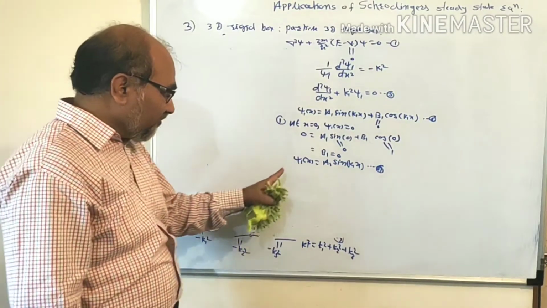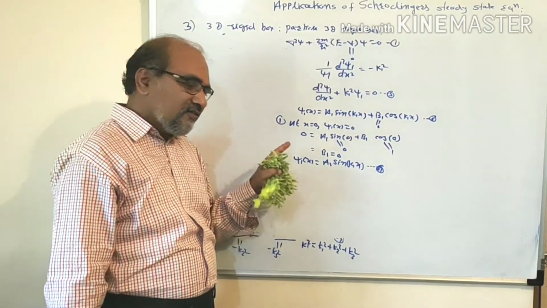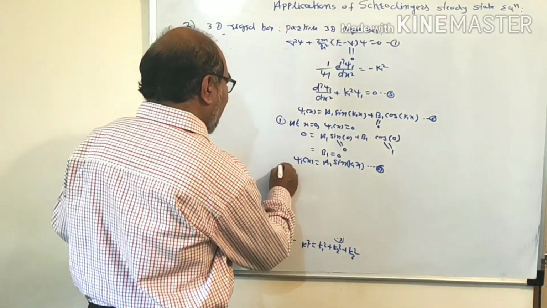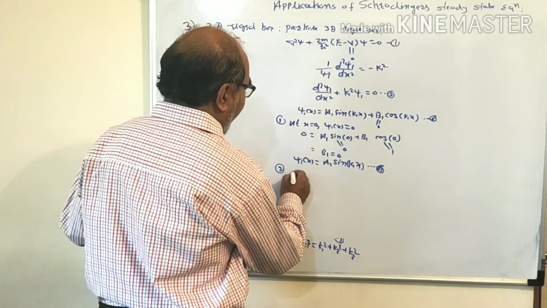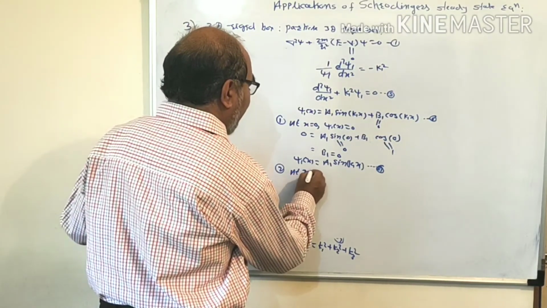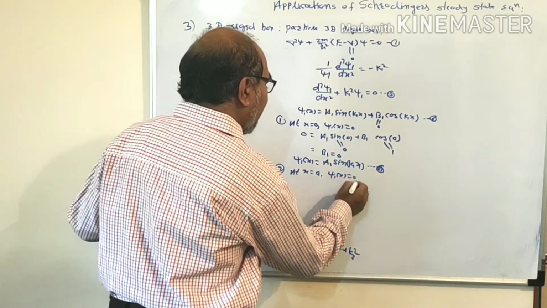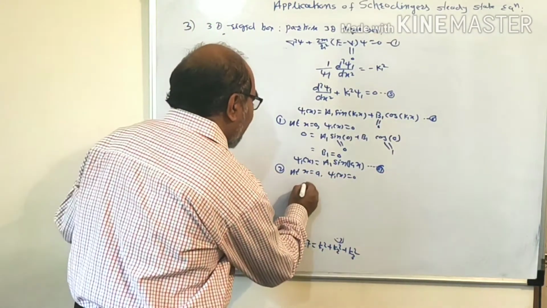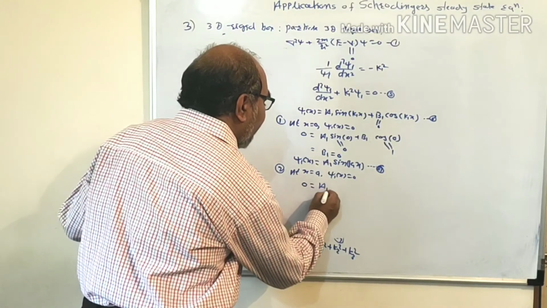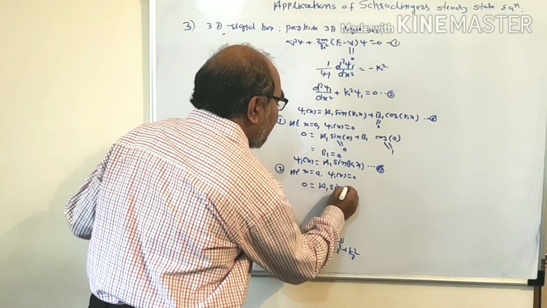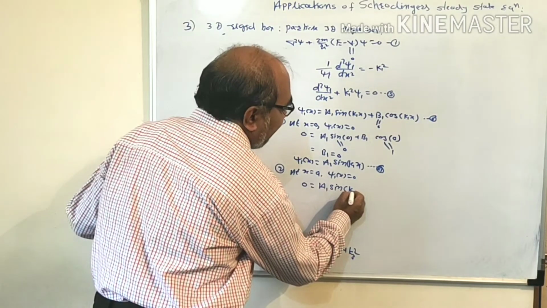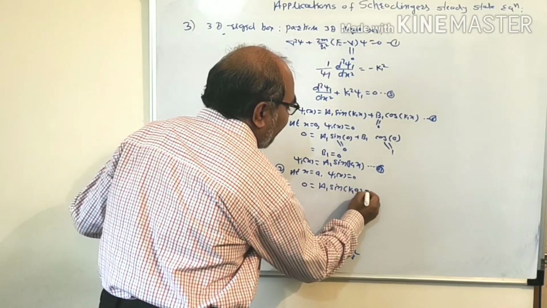This is from the first boundary condition. There is another boundary condition: at x equal to a, psi 1 of x equal to 0, and therefore 0 is equal to a1 sin k1a.